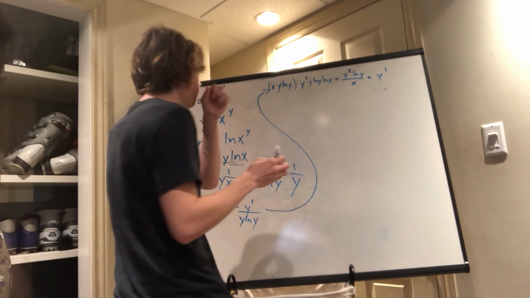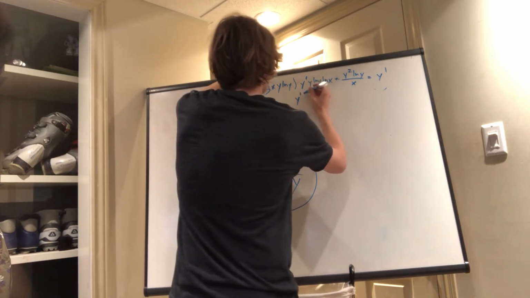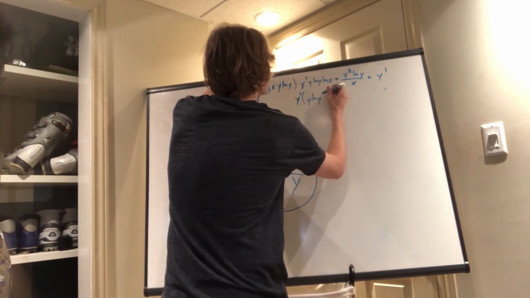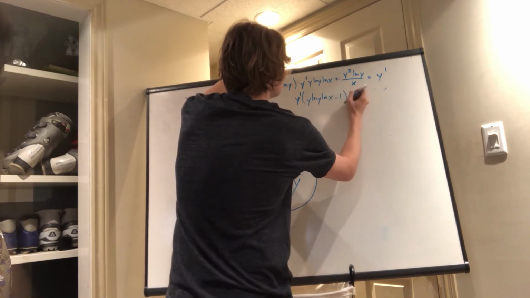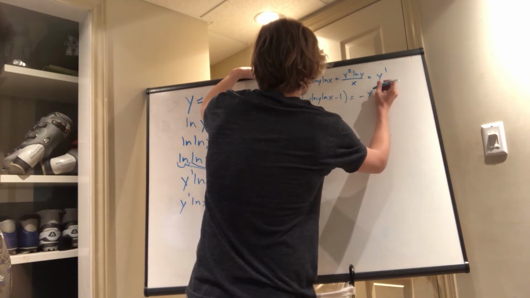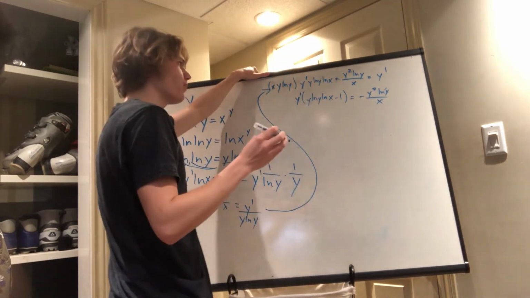Then we put all the y primes on one side, so y prime times y ln x minus 1 equals negative y squared ln y over x.